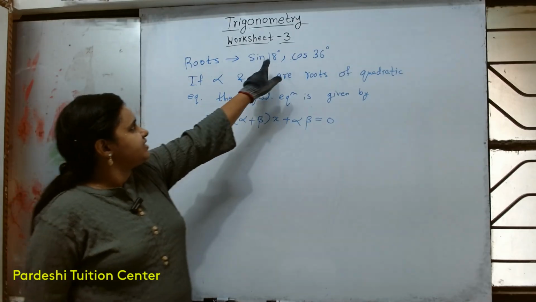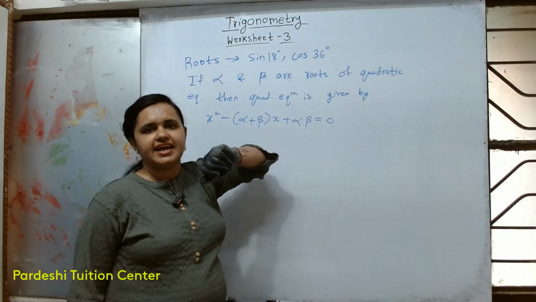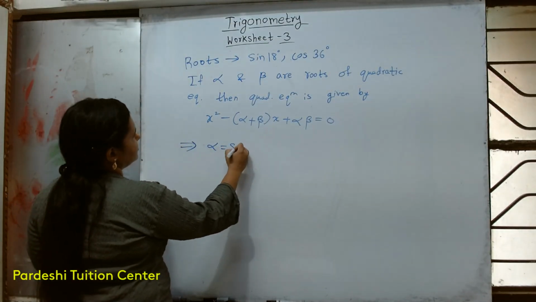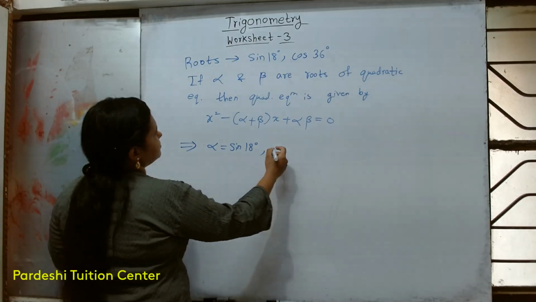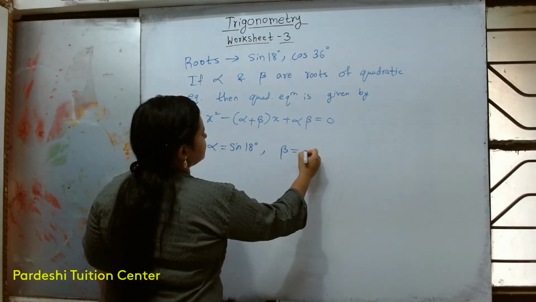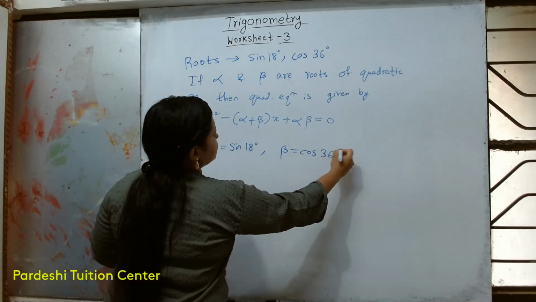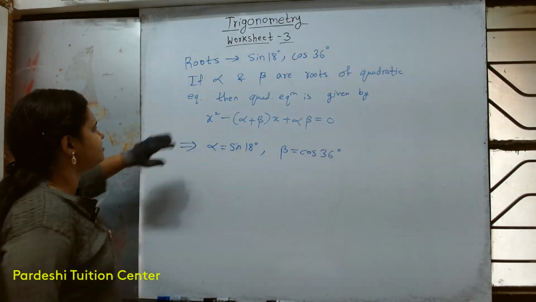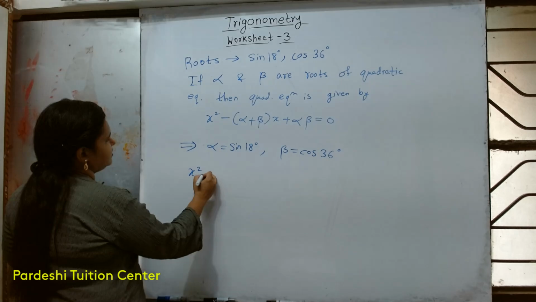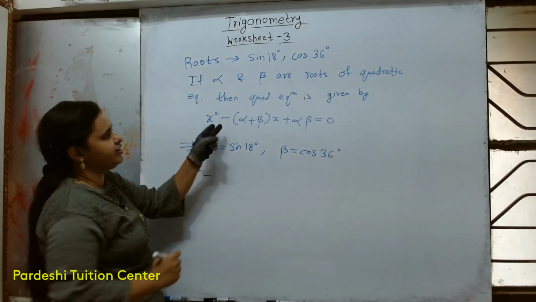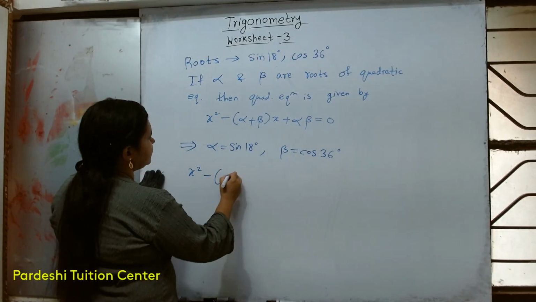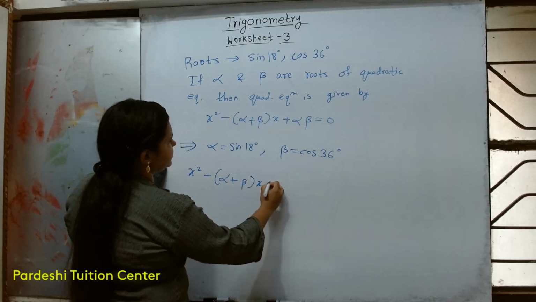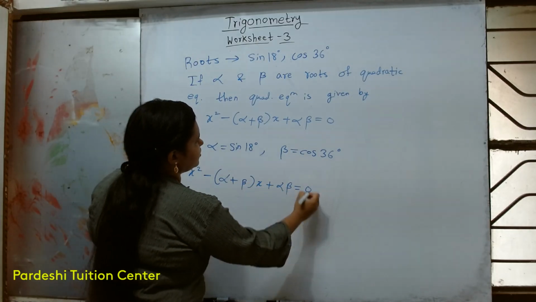If I consider sin 18 degree as alpha and cos 36 degree as beta, okay, our equation will be formed in this form. I will write it again, x square minus alpha plus beta into x plus alpha beta equals to 0.